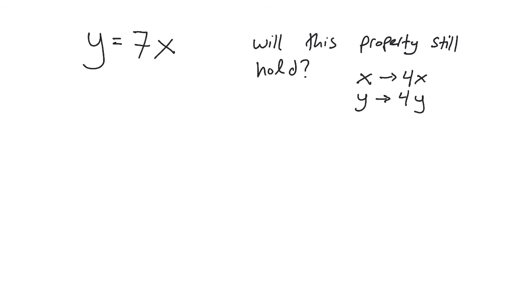But prove it to yourself that this property still holds, even if we change the constant value. So when x goes to 4 times x, y will still go to 4 times as much y was before. Try to pick out some test values and prove that is indeed true. Pause the video and try that.